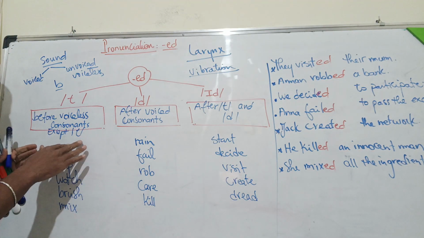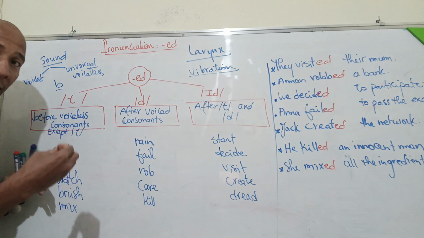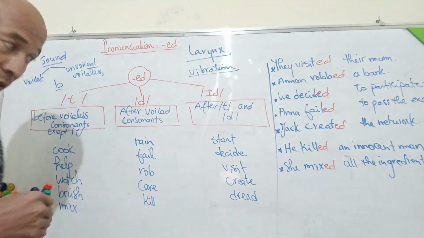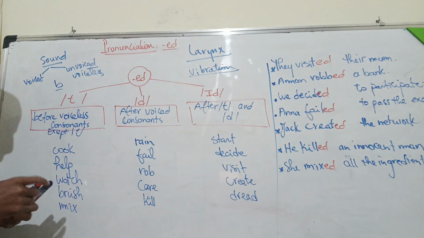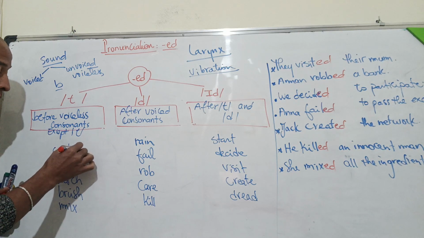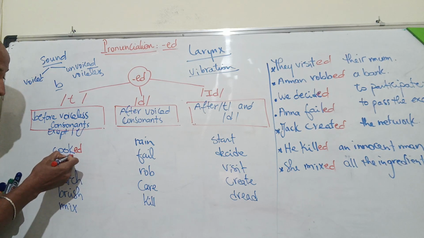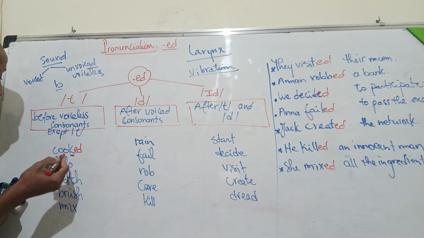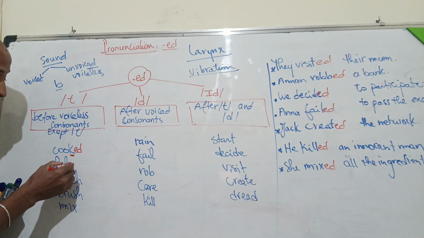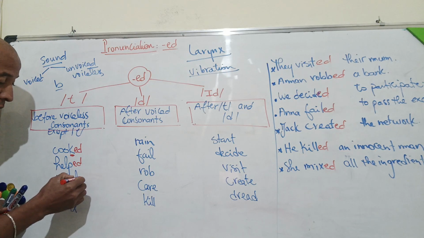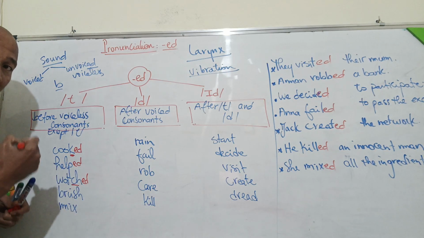Okay. So if the consonant is voiceless, then you have to pronounce it t. Some examples we have here: cook, cooked. K is a voiceless or unvoiced sound. Help, helped. Wash, washed. Watch, watched.